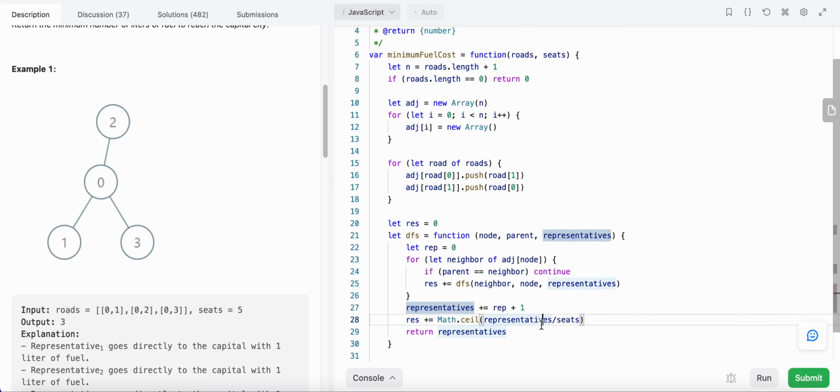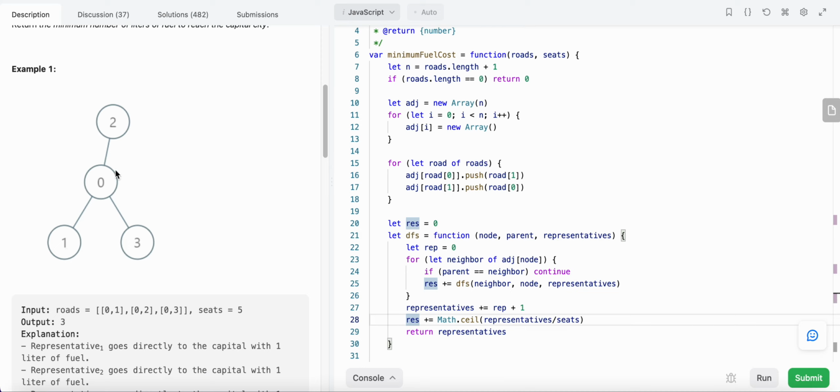Okay, so we only need to update our result as long as we have not reached node 0, right? Once we have reached node 0, we do not need to update our result because we are no more going to commute, right? We are only going to commute from node 2 to 1 to 0, 1 to 0, 3 to 0.